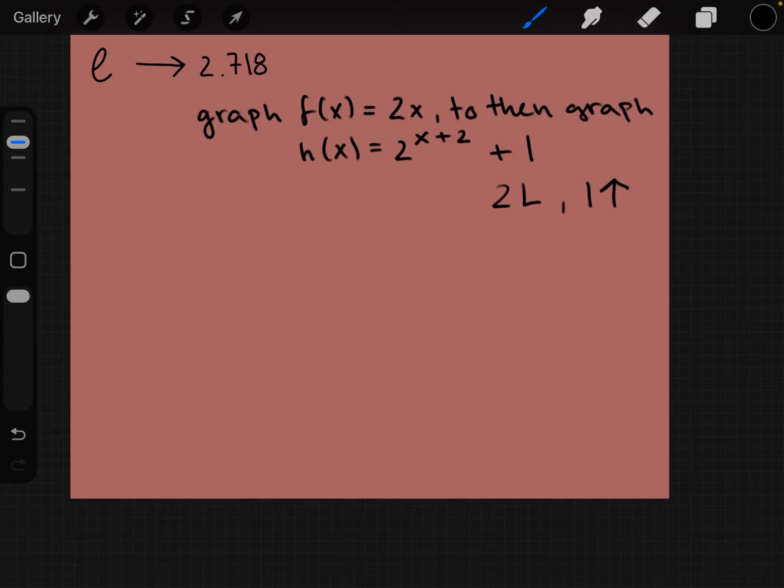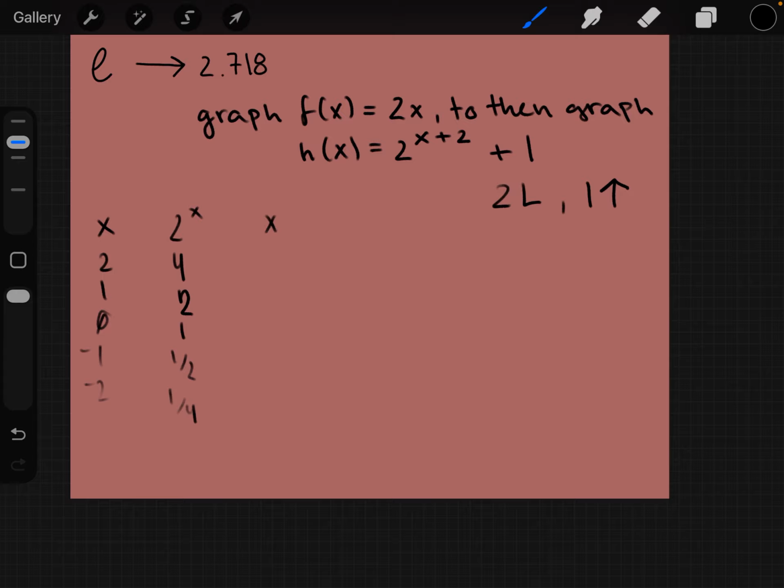Alright, so what is the question? Graph 2^x, then graph 2^(x+2)+1. Okay, so x values 2, 1, 0, negative 1, negative 2, giving 2 squared, 4, 2, 1, 1 over 2, 1 over 4.